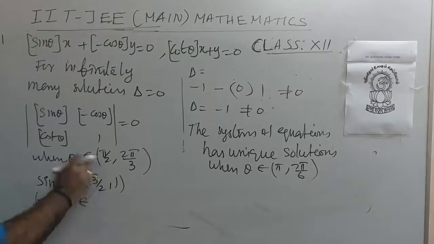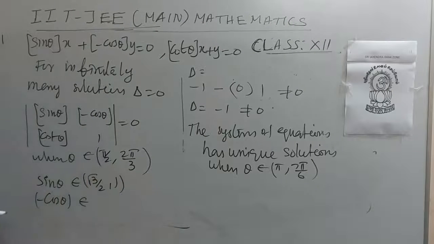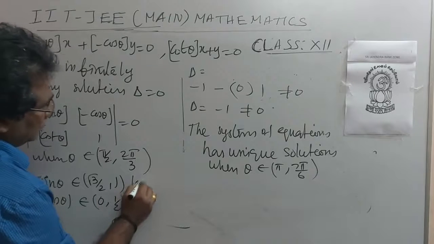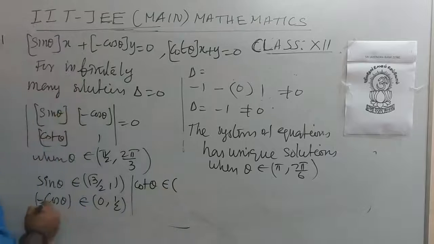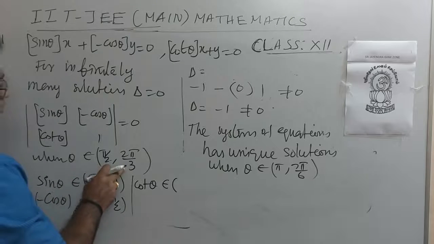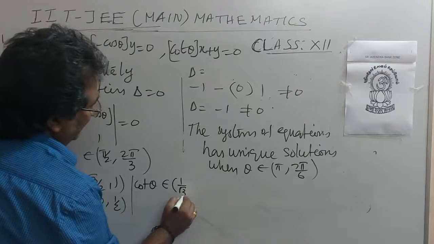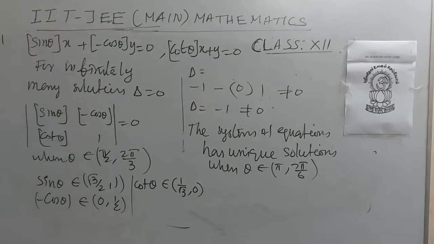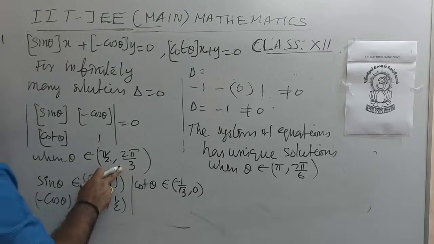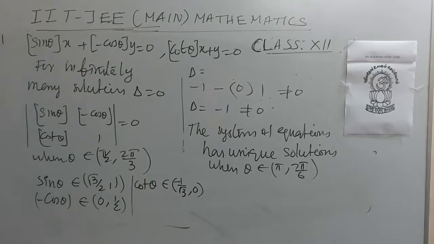Minus cos theta: cos 90 is 0, cos 120 is minus half, so minus cos theta lies from 0 to half. Cot theta: cot 90 is 0, cot 120 is minus 1 by root 3 since it is in the second quadrant, so cot theta lies from minus 1 by root 3 to 0.